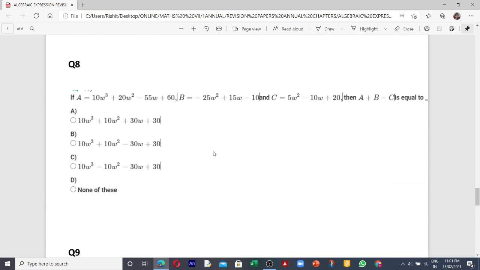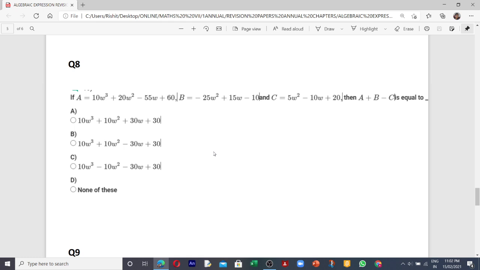If A is this expression, B is this expression, and C is this expression, then you have to find the value of A plus B minus C. Write down A as 10w cube plus 20w square minus 55w plus 60. And then B is equal to minus 25w square plus 15w minus 10.